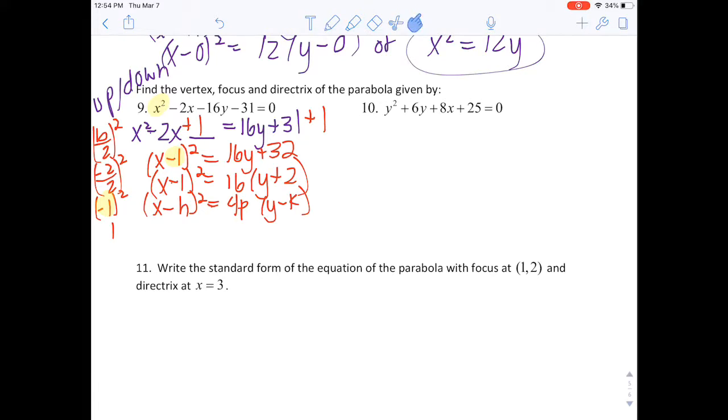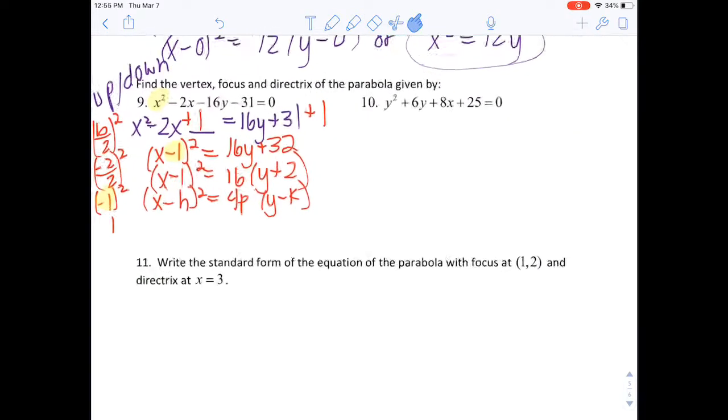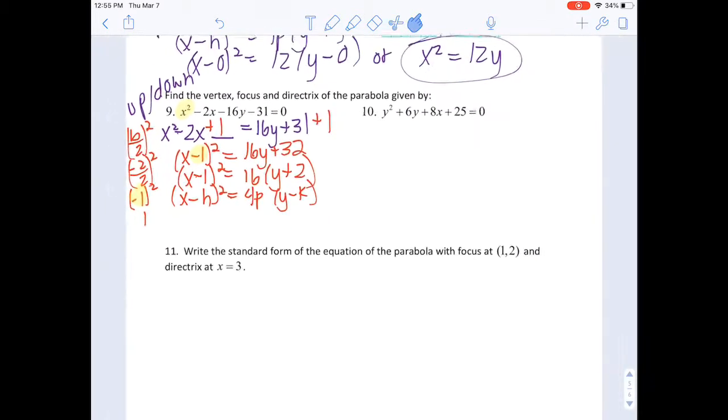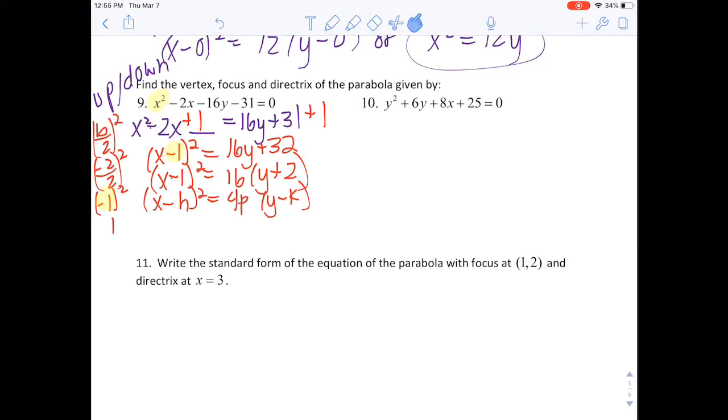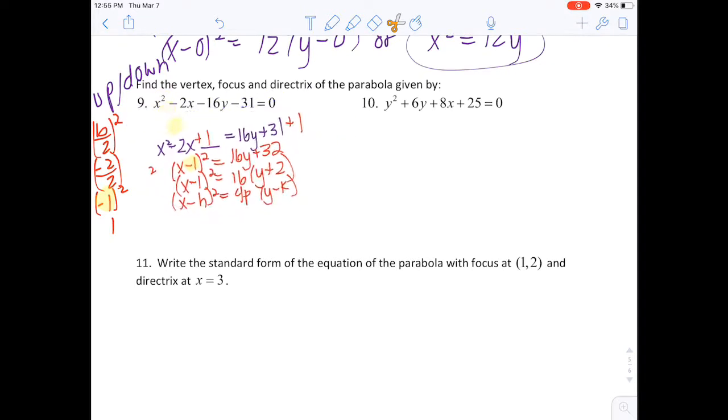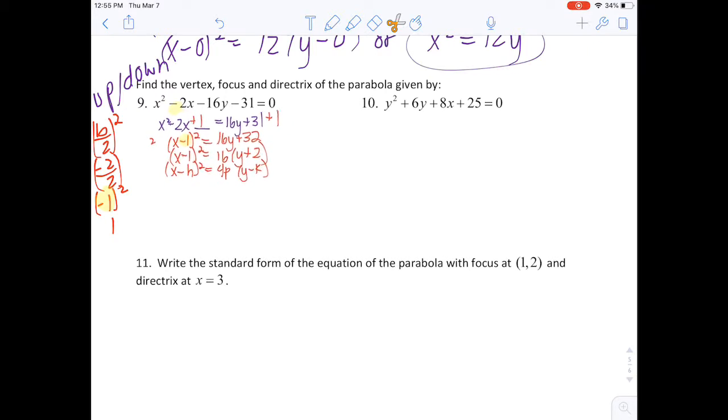Okay, so what I'm going to do, let me make my work a little bit smaller, so I have more room there.